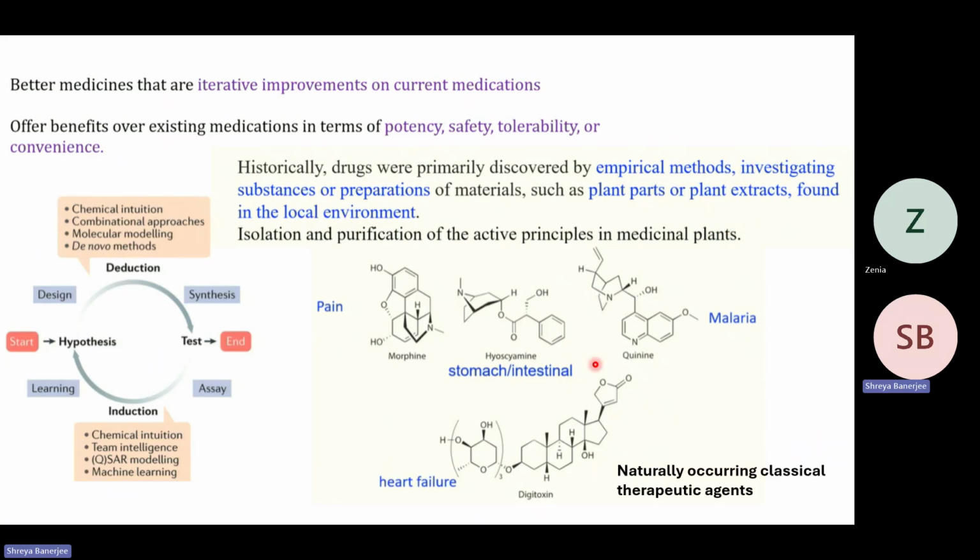Many such things have been found, like quinine for malaria from plants, morphine for pain, hyoscyamine for stomach or intestinal pain, digitoxin for heart failure. These are all naturally occurring classical therapeutic agents found in plants.